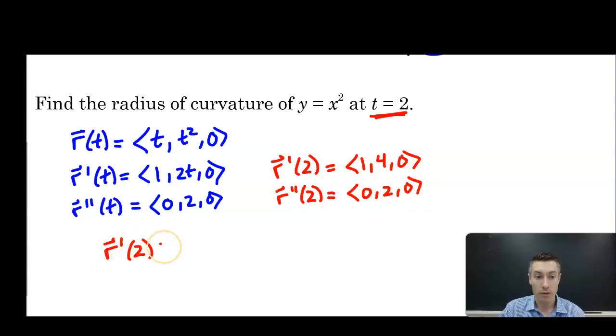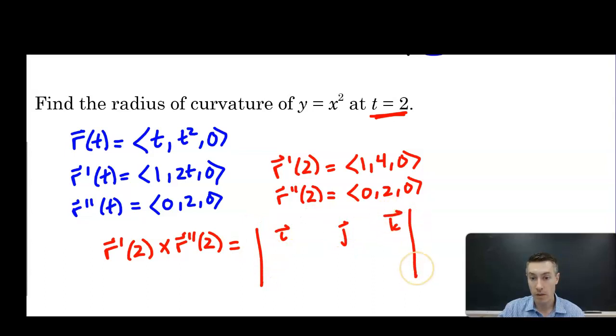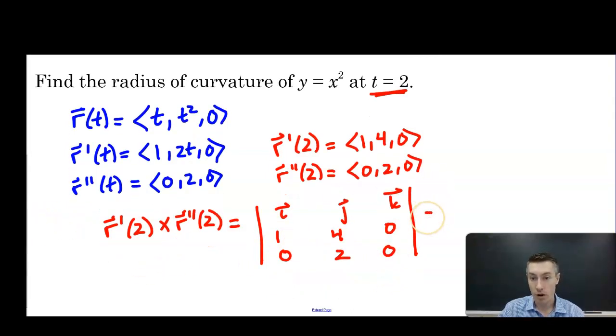So r prime of 2 cross with r double prime of 2 is equal to the determinant of i, j, k; 1, 4, 0; 0, 2, 0. So our cross product vector is 0, 0, 2 minus 0 is 2.